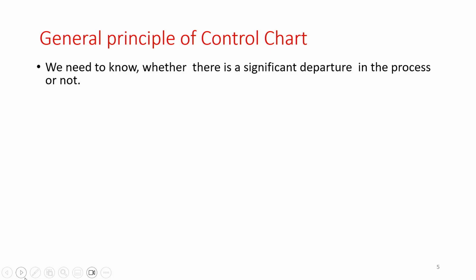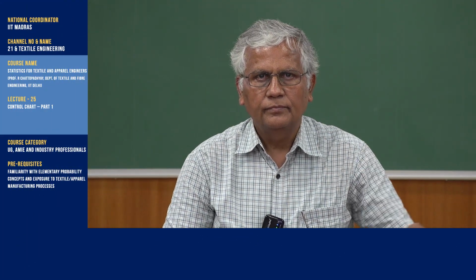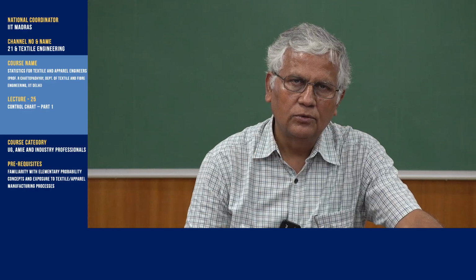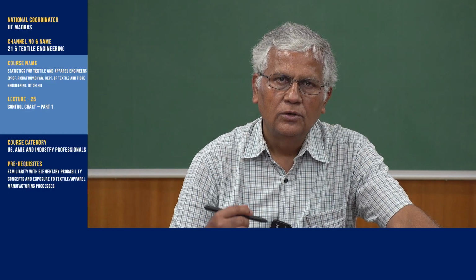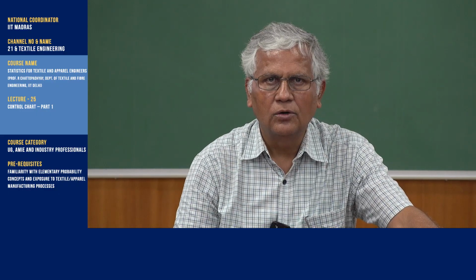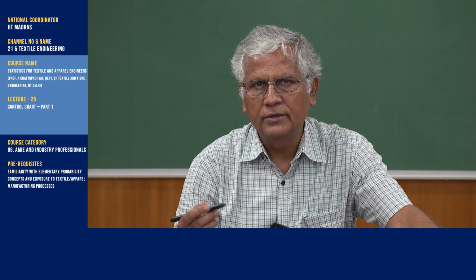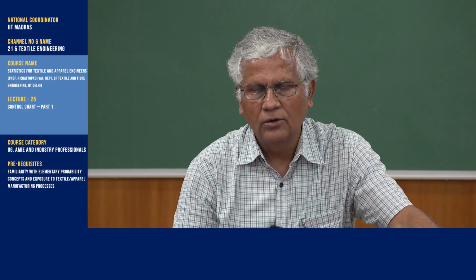As long as the data points may be random in nature, that does not mean the process is not stable. These points should not cross certain limits. And we want to find out whether the departure is too much or not. That too much means whether it is significant or not.